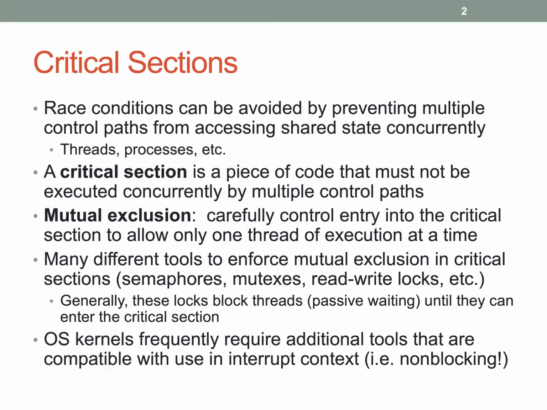I will also mention, probably several times in this discussion, that semaphores, mutexes, read-write locks, and all these other kinds of synchronization primitives often also include the ability to try to lock them. So instead of just saying, I want to lock this mutex, and that operation may block, you can instead try to lock it, and if the lock is not available, then you don't block, you just go on without having successfully acquired the lock.